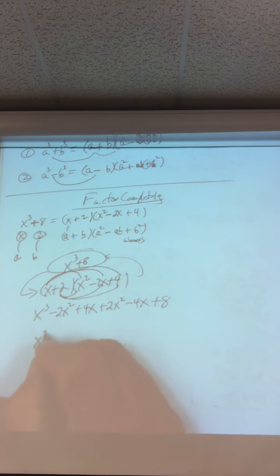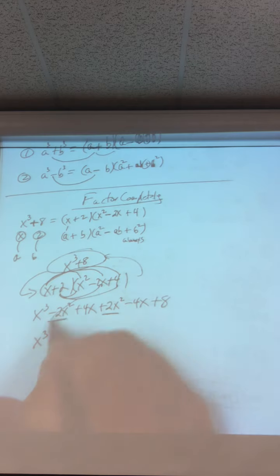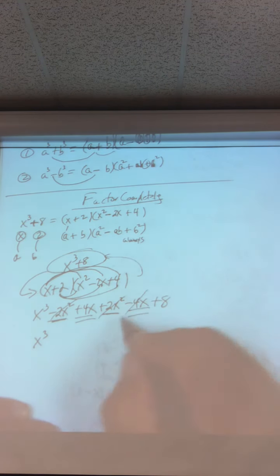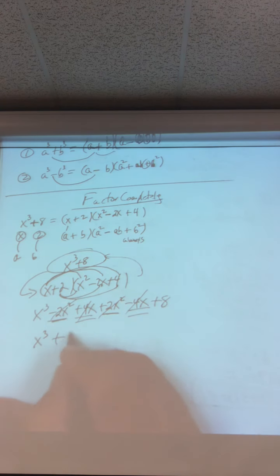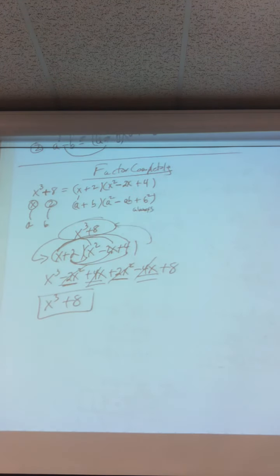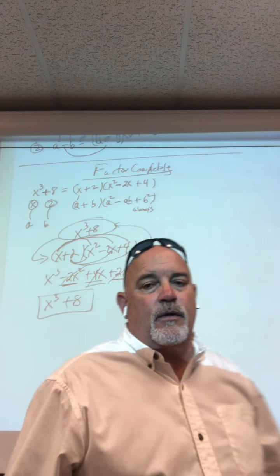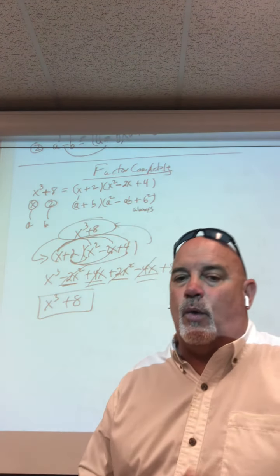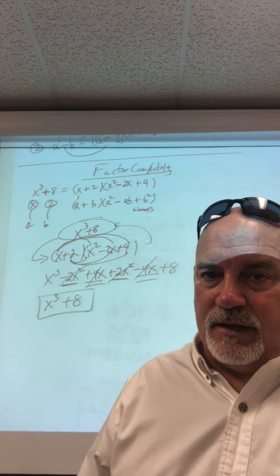So this is x cubed, minus 2x squared and plus 2x squared adds out, plus 4x and minus 4x adds out, and you're left with x cubed plus 8. So yes, I did find two things that multiplied together to give me that. But I cannot work the cubes factoring problems without knowing the cubes formulas.